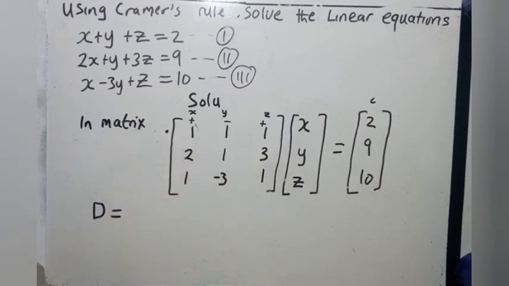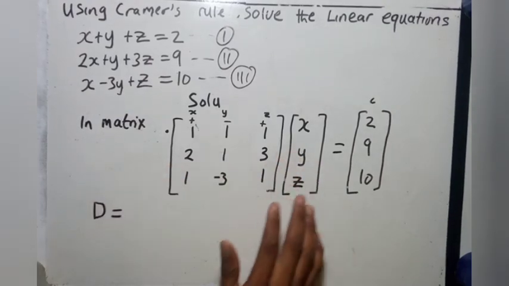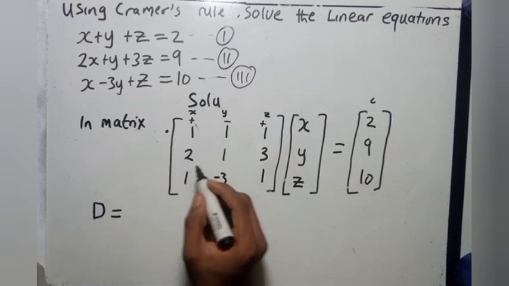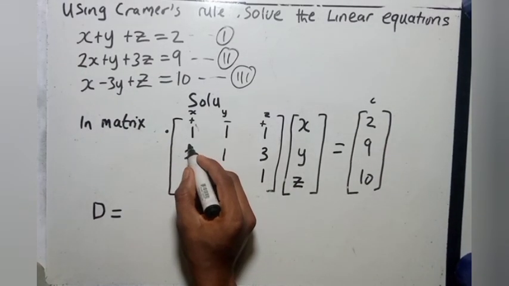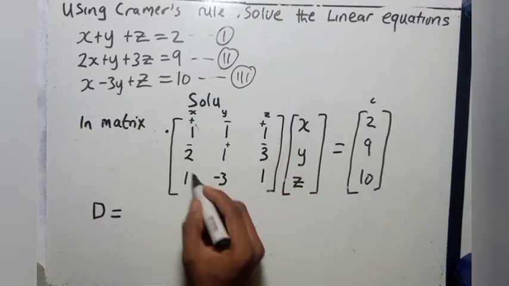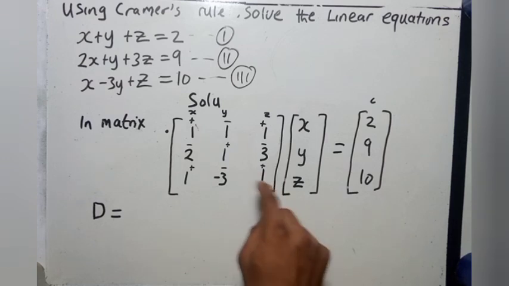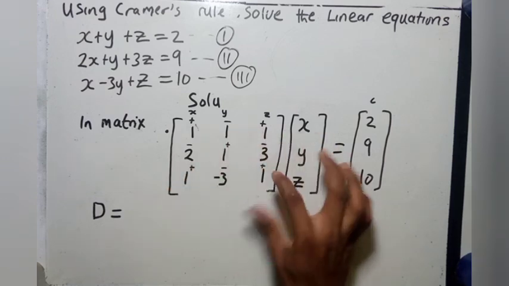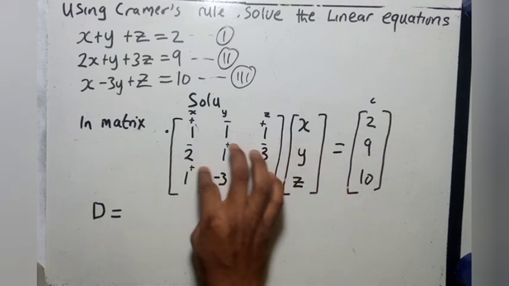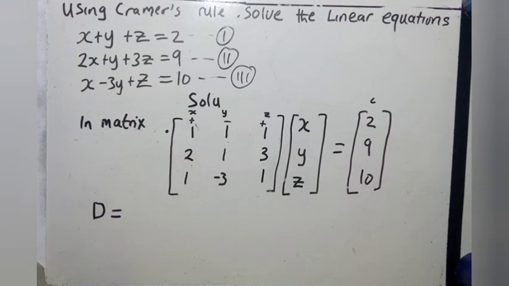You can make use of any row, but whichever row you use, remember to apply your signs. For the second row, the signs will be minus, plus, minus, and for the third row it will be plus, minus, plus. So whichever one you decide to use, make sure you are following its signs.